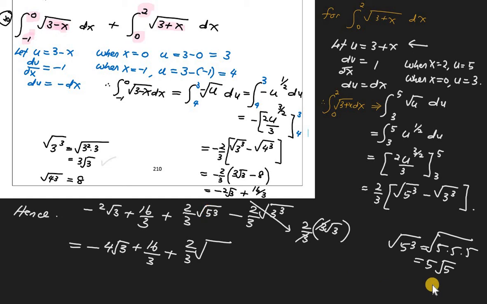Okay, 5 power 3 is actually 5 square root 5. So 5 times 2, let's simplify this. So 5 times 2 is 10 on 3. So we have 10 over 3 of square root 5.